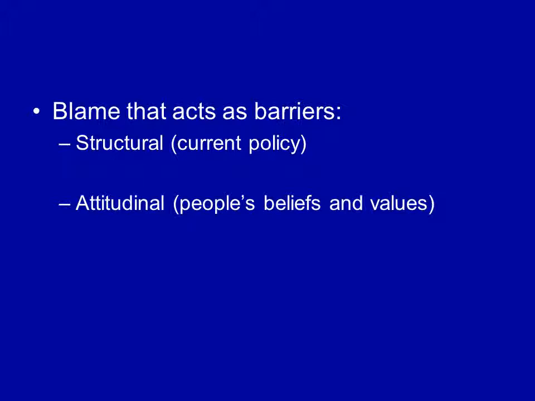So what we're trying to do is to get you to drill down to, okay, a problem exists. Why does this problem exist? What are the structural or attitudinal issues that surround this sort of policy that keep it from being solved by itself? And that's the idea of structural and attitudinal barriers.